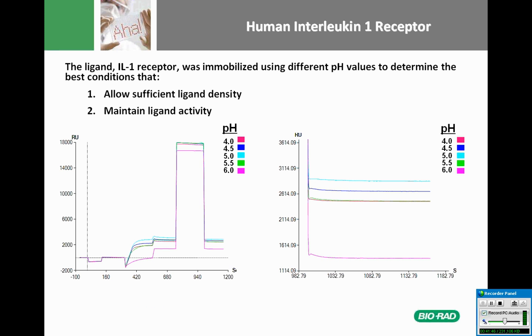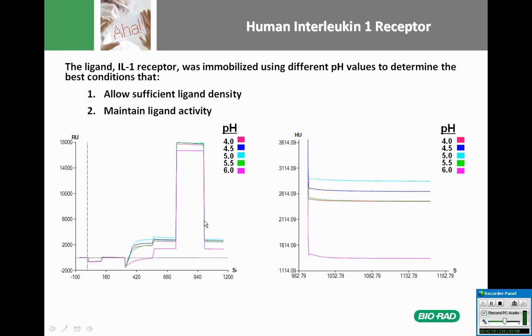We determined the binding constants of Interleukin-1 receptor with Interleukin-1 and its antagonists. We got the Interleukin-1 receptor for the first time. We didn't know which conditions are best to immobilize it, so we used the 6 channels. In each channel, we used a different pH of the acetate buffer, and in one run we immobilized on 5 channels.